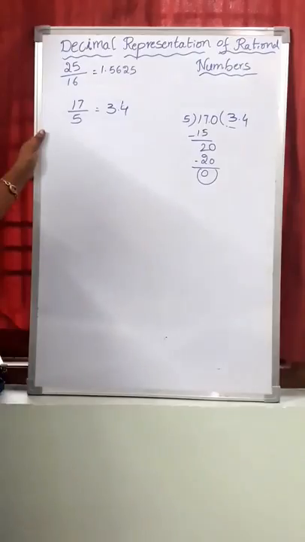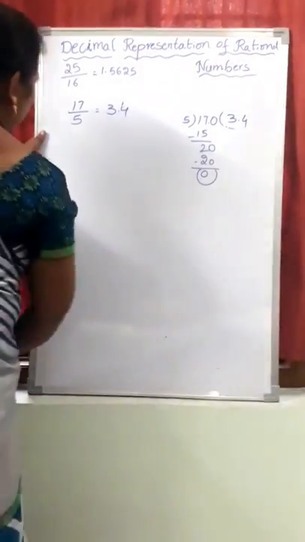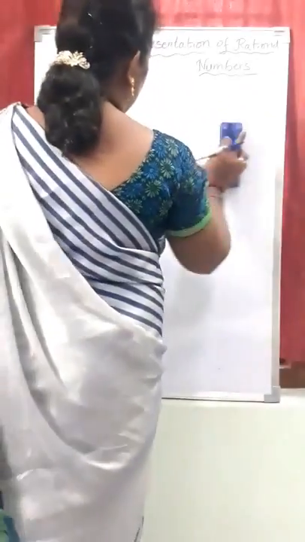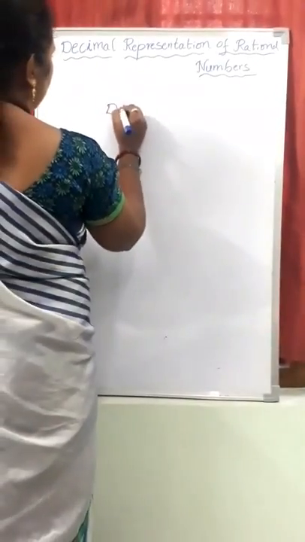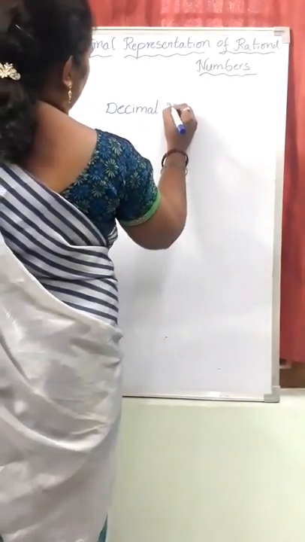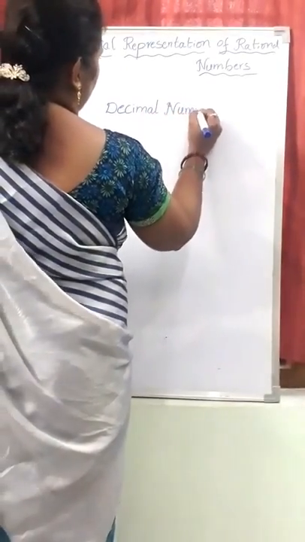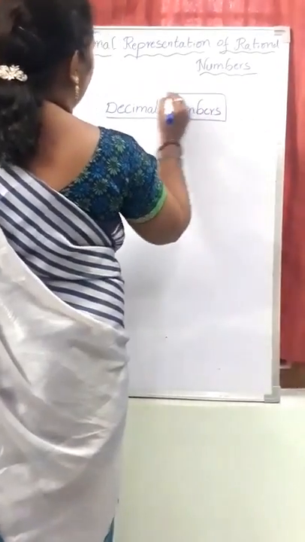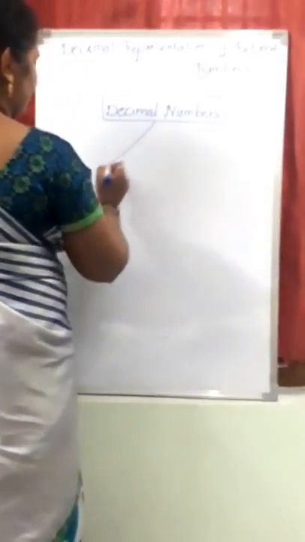Okay. Now these decimals once again are classified into 2 types. Let us see what are those. So these decimal numbers are once again divided into 2 types.